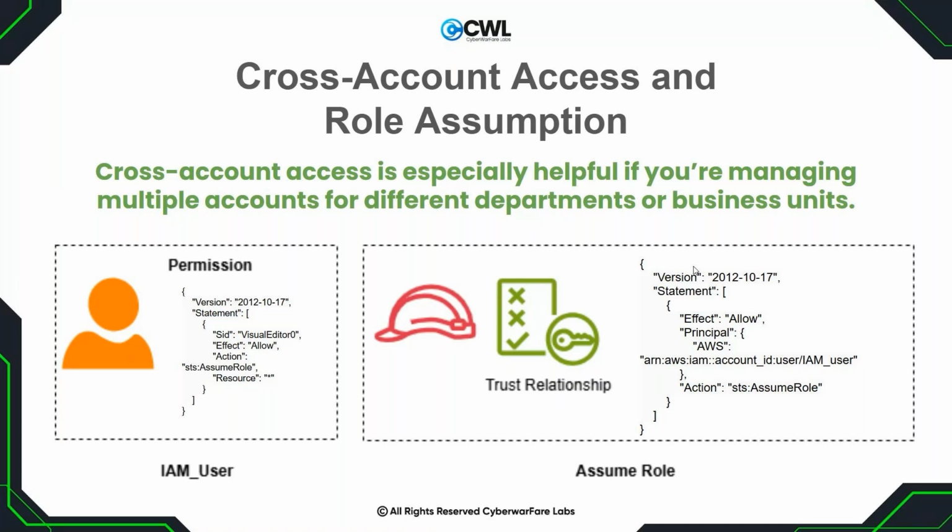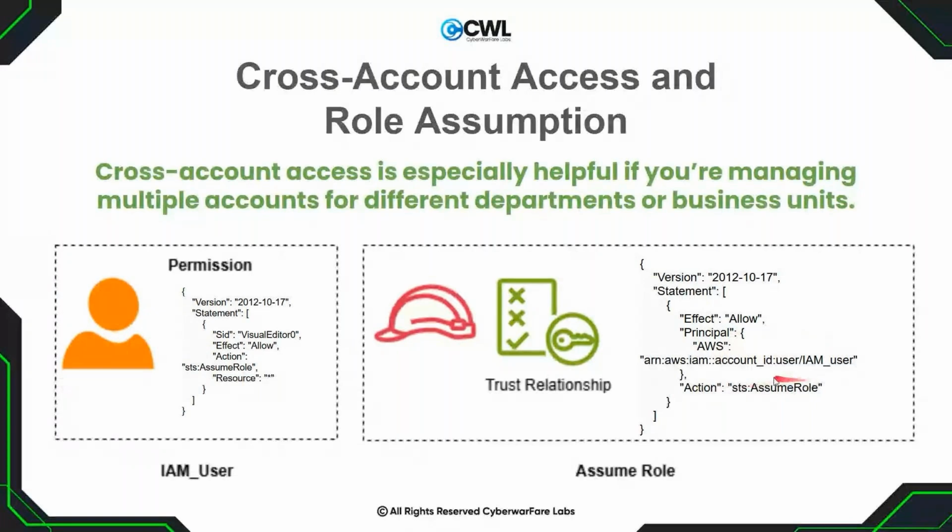We can achieve this using three simple steps. First step, we have to create a role in the target account. Here you can see this is the role that I have created. This is just a demo role. This is the trust relationship of the role.